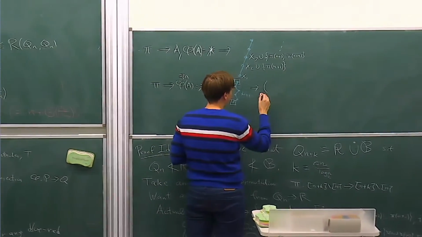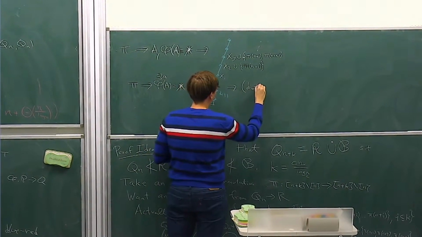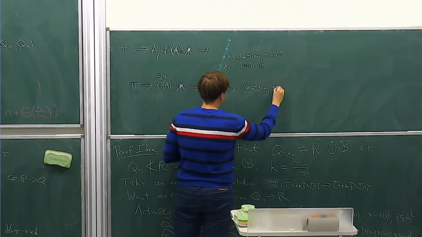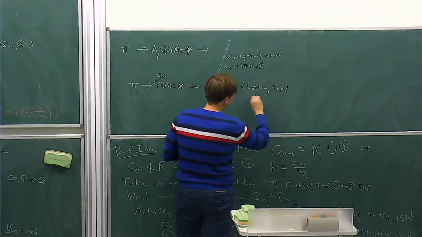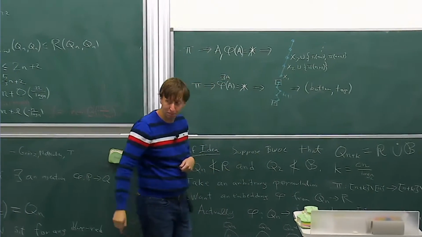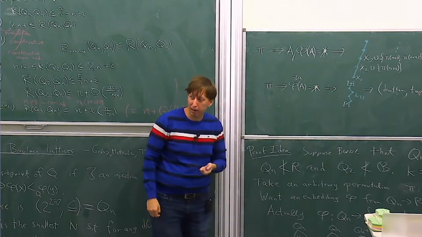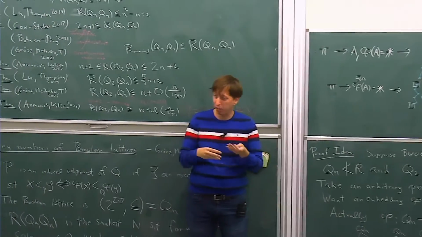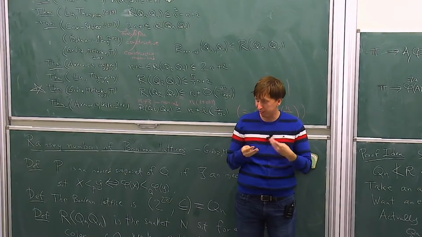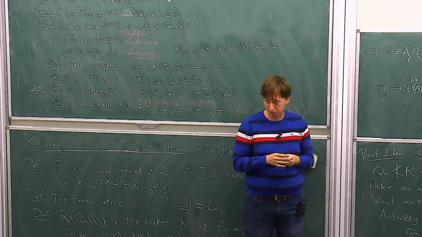Let me just write it this way: the bottom element and the top element. Just narrow in on these two. In essence, for each pi, we can generate some top and bottom element of a blue chain, and the blue chain has this kind of structure. Okay.